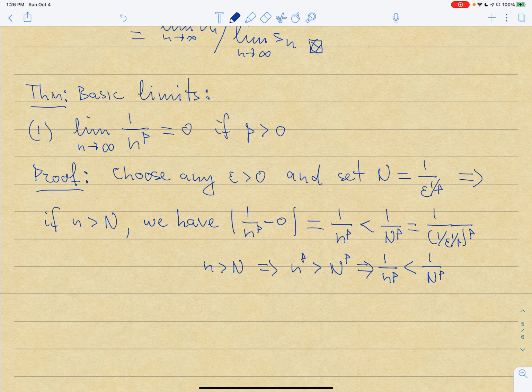And if you then follow this, this would be 1 over 1 over epsilon, right? Because powers p and 1 over p will cancel out, which is equal to epsilon. And then I'm done because I was able to select capital N for a given epsilon, which guarantees that 1 over n to the p minus 0 is less than epsilon. So the proof is complete.